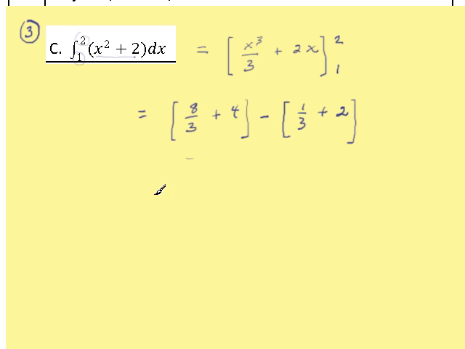All right, and we can just subtract these. So we have 8/3 minus 1/3, that would be 7/3. And we have 4 subtract 2, that's 2. Okay, so we can combine these. 7/3 plus 2 is 6/3, and that's 13/3.